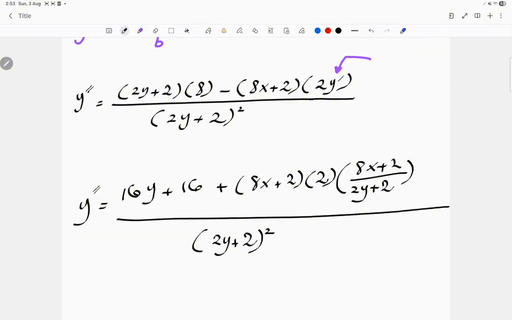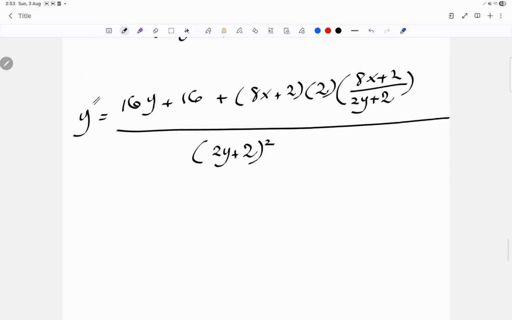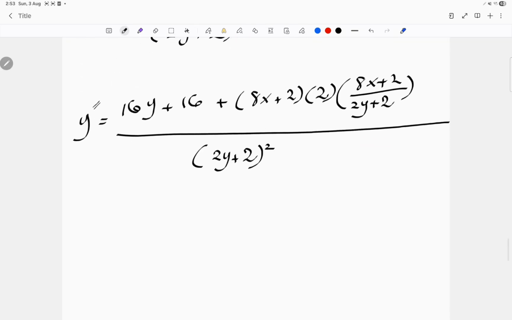Now, what do we do? It's always the question, what do we do? Do we text? Do we not pay attention? Do we pay attention? Okay, now it's a big question. And now we're going to say y double prime is equal to 16y plus 16 plus.